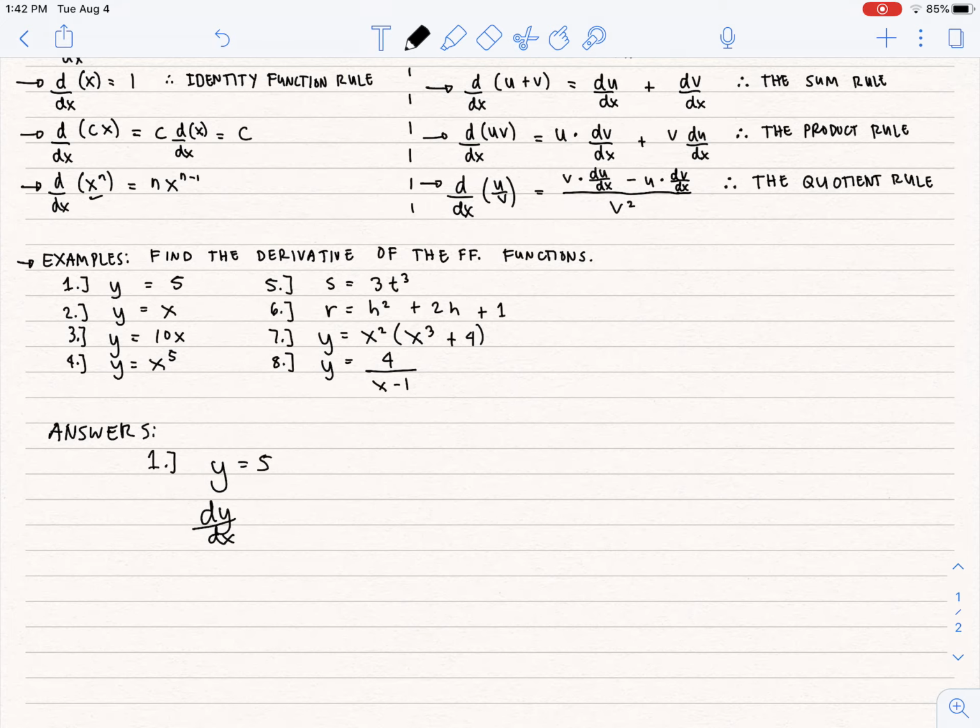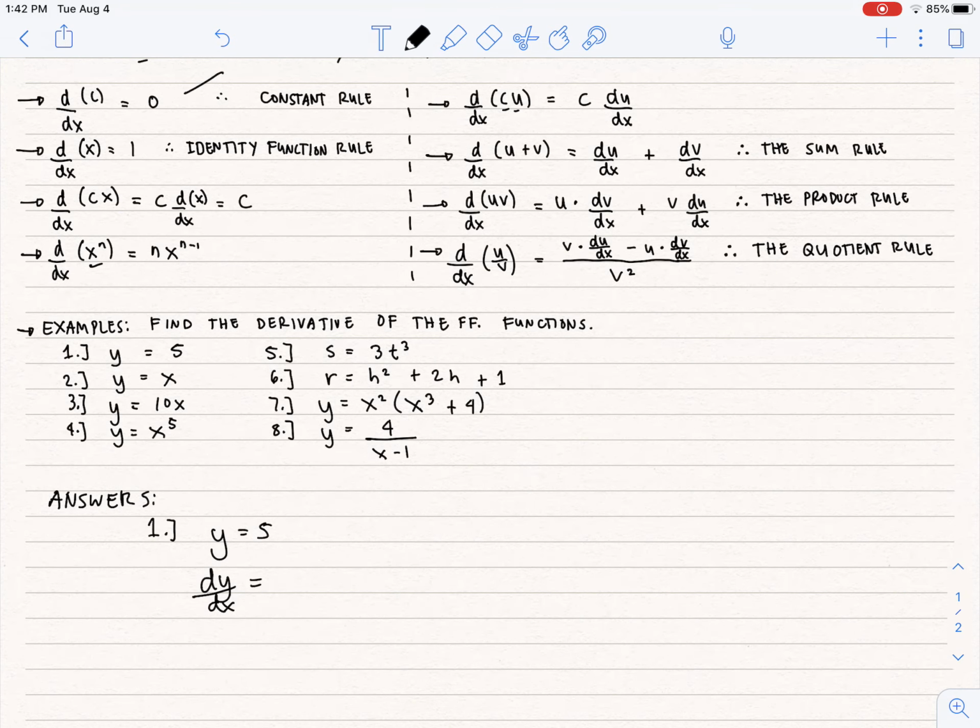Okay? And then the derivative of a constant, remember, this is number 1 in the formula. So the derivative of any constant is just 0. Therefore, the derivative of this function, y is equal to 5, is just 0. So this is now our answer.